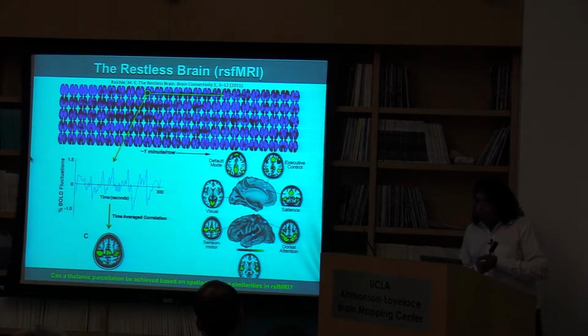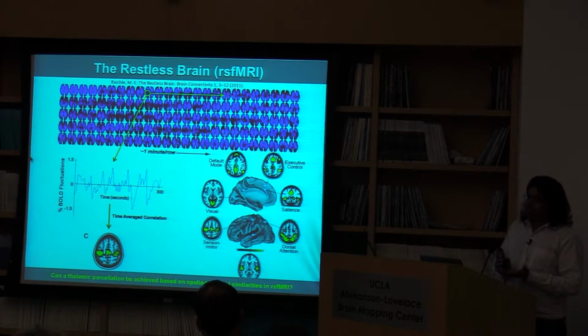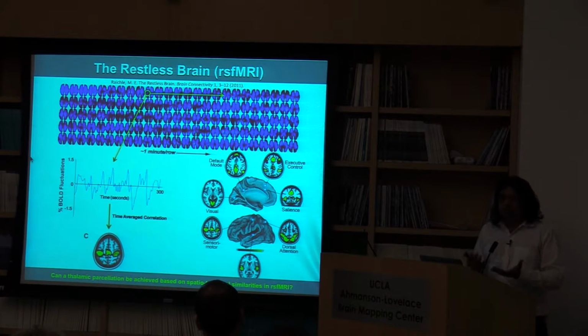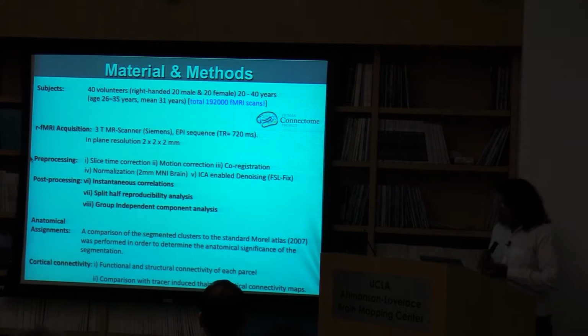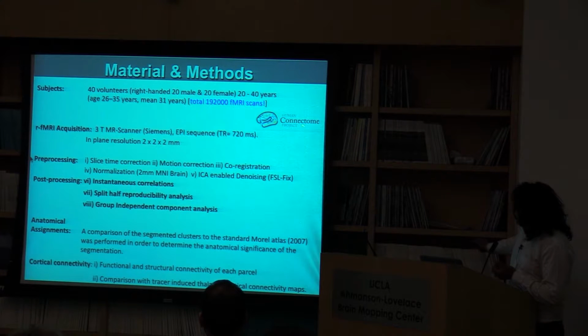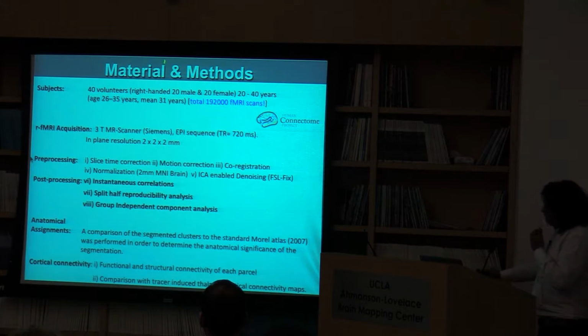Therefore, our question was, can a thalamic parcellation be achieved based on the spatiotemporal similarities in resting state fMRI? We therefore took the data of 40 volunteers from the Human Connectome Project, which were acquired at 3 Tesla with a resolution of 2 mm isotropic. In total, the data size consists of approximately 192,000 fMRI scans.